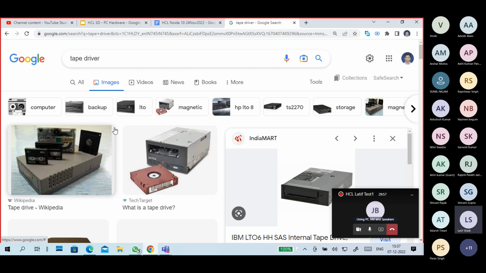So there is a cloud service, like a Snowball kind of service, for taking data in the cloud. Then you want to go for a backup. So one of the cloud services is used for the backup. Even a cloud also uses tape drives to store your backup. Okay. So that is a thing.